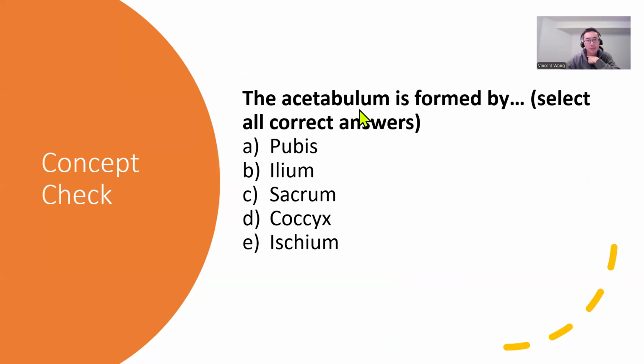Okay, what about this one? The acetabulum, which is the socket for the femur. What bones form the acetabulum?